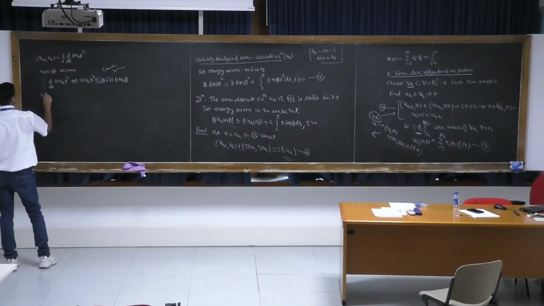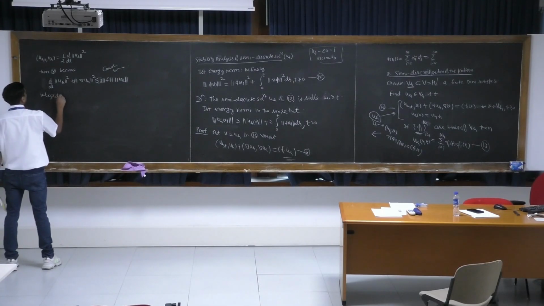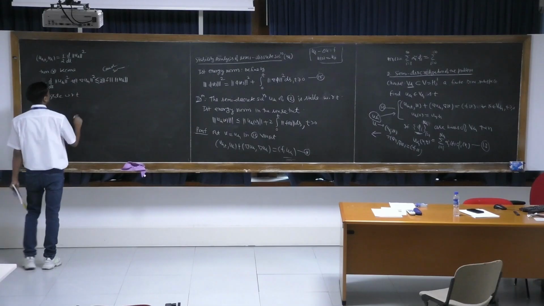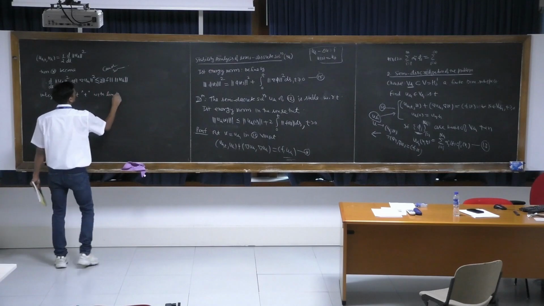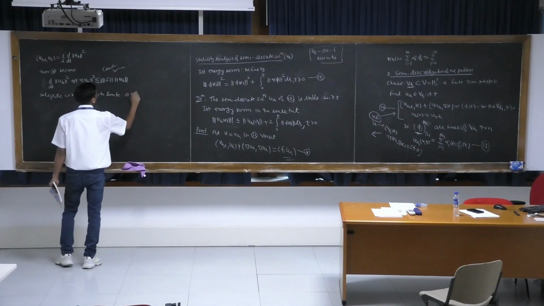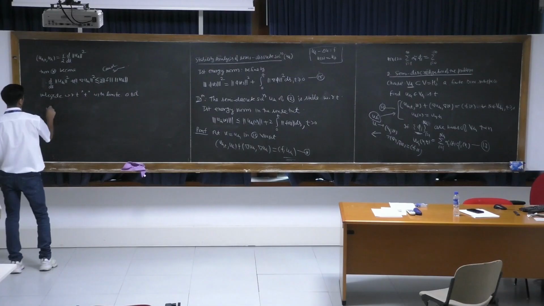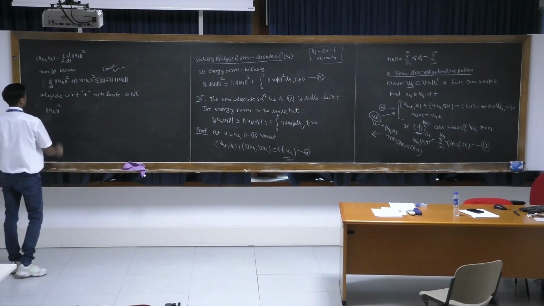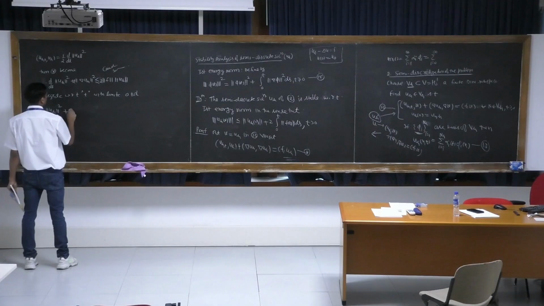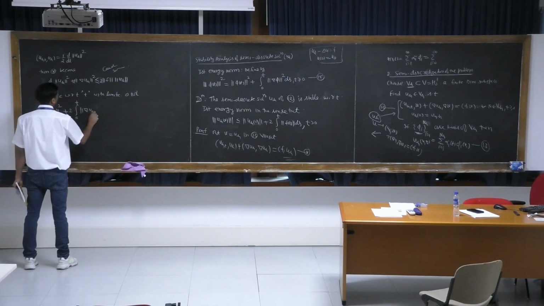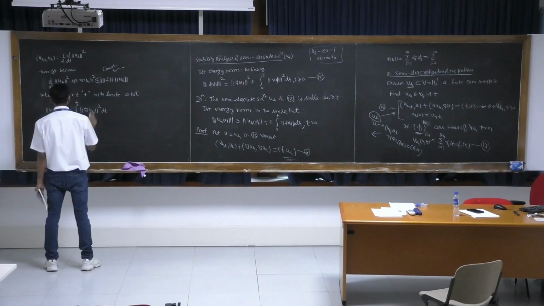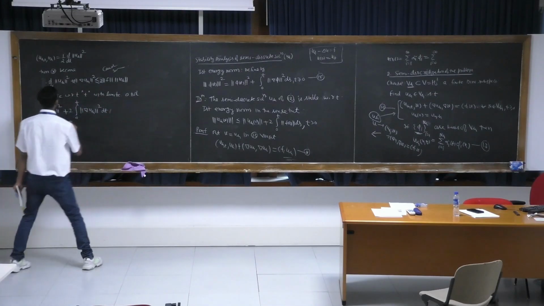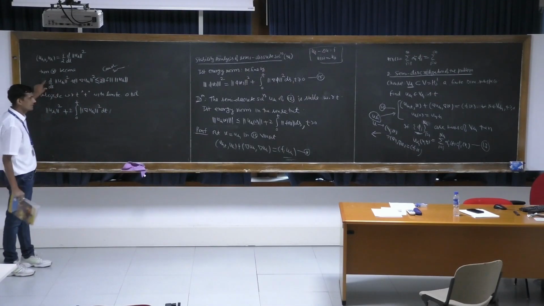Now integrate with respect to t with limits 0 to t. What do we get? We get norm of u_h square plus twice the integral 0 to t of norm of del u_h square dt, and when you put in the integration, this cancels out.